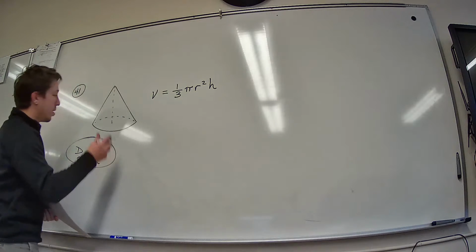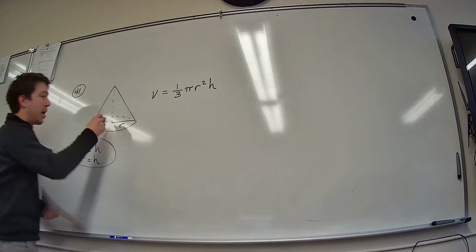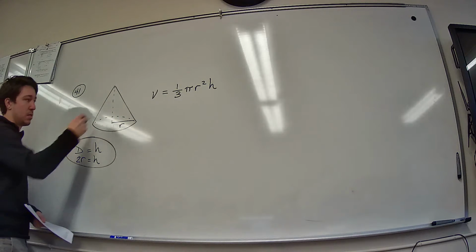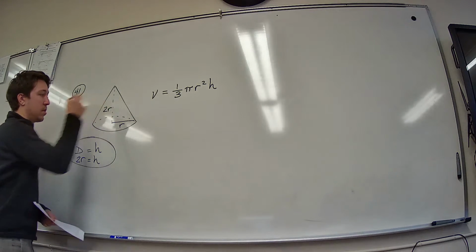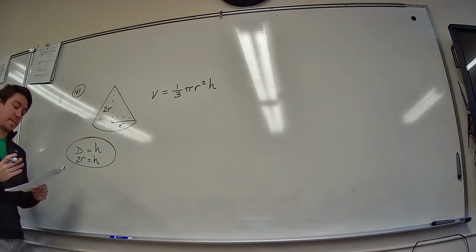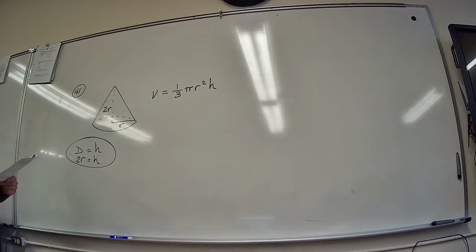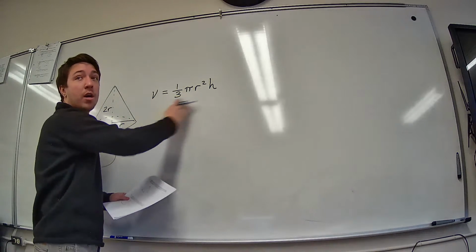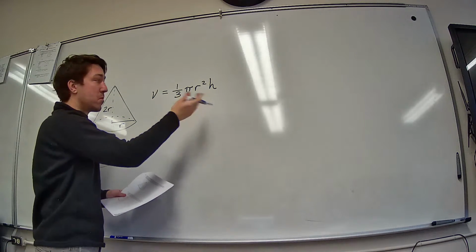So if this is r, how tall is it? How does the height compare to the radius? It's 2 times r. So the height is twice as big as the radius. Since the problem is eventually asking us about the radius's rate of change, I'd like to have this be all r's.